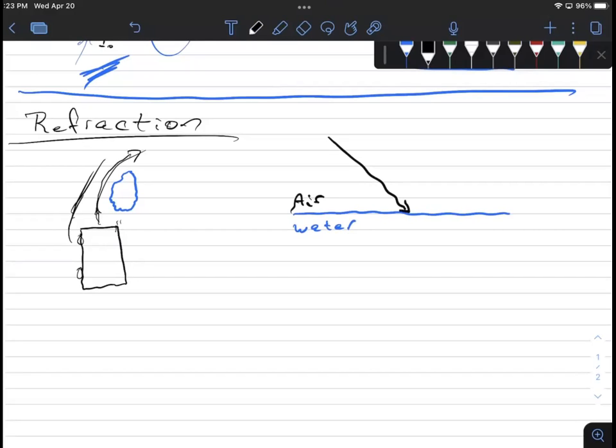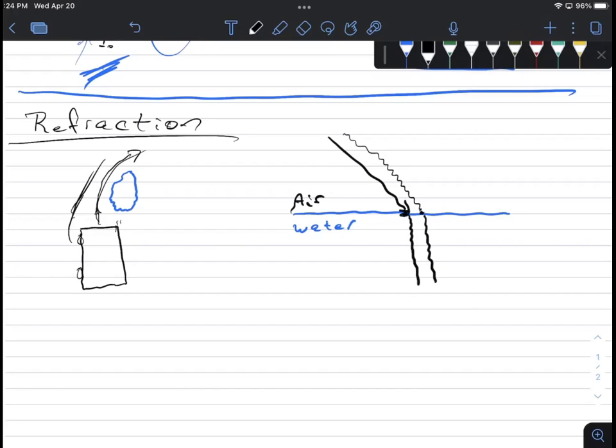Imagine the right side of the light hitting the water before the left side of the light does. Of course, you're thinking like a flashlight beam or something. And so if you have a beam of light, this right side hits the water before the left, and so it kind of curves so that the light then travels in this way.